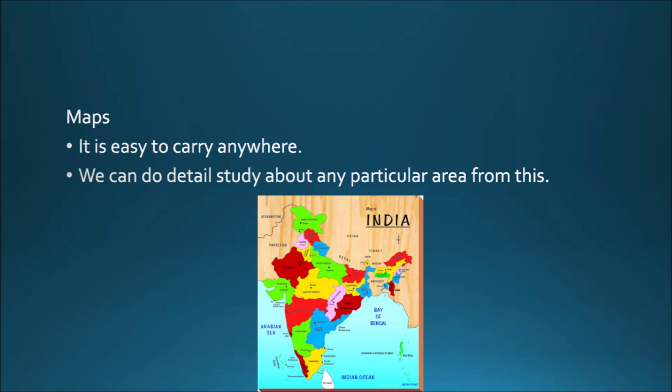It is a diagrammatic representation of the whole earth or a part of the earth on a flat surface. In other words, a map is a picture or representation of a place that shows its relationships with other places.